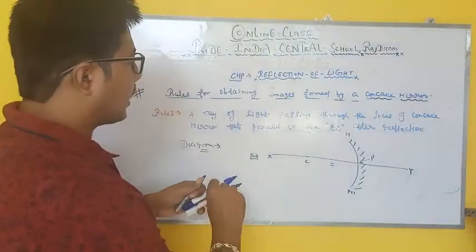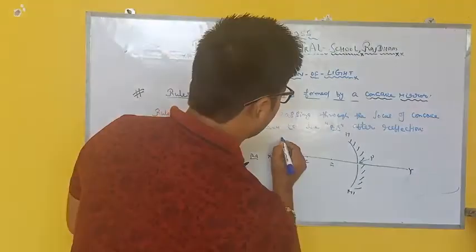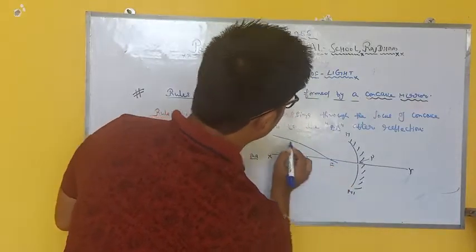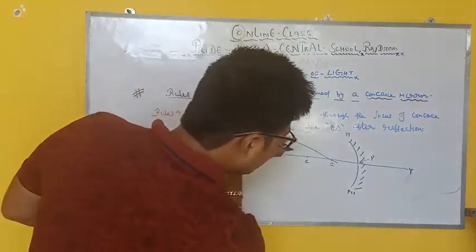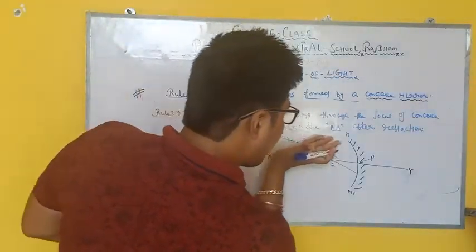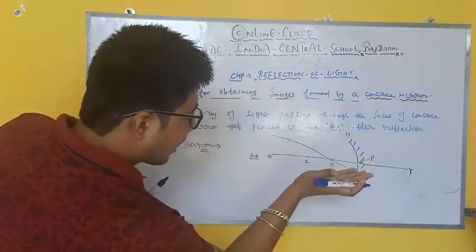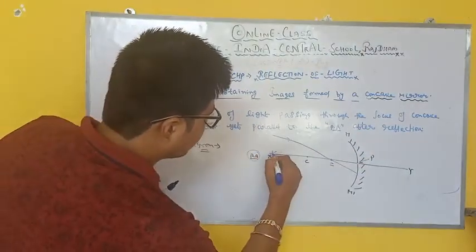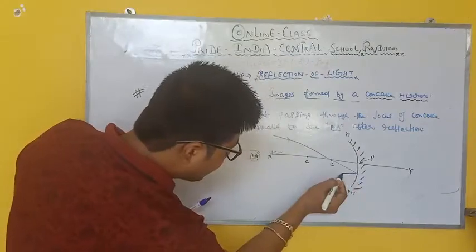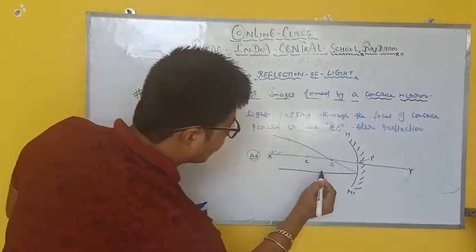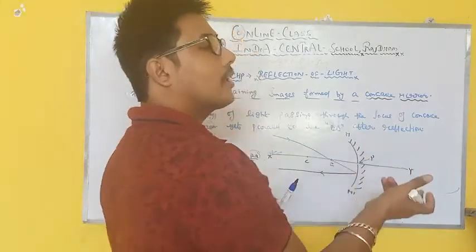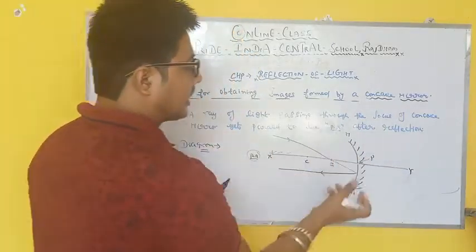If a ray of light passes through the focus, what happens? It gets parallel to the principal axis after reflection. This is our principal axis. So very much easy, as you can see in the diagram.